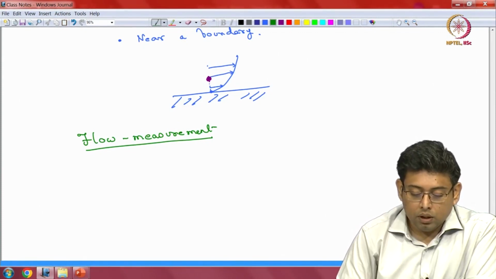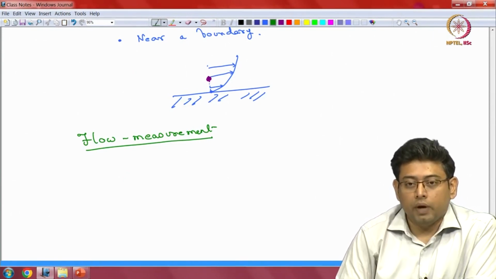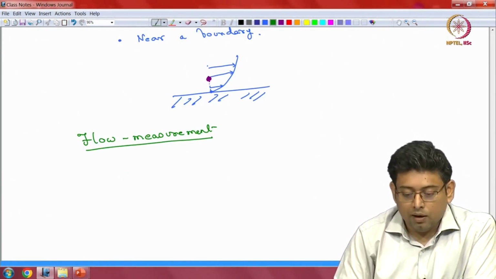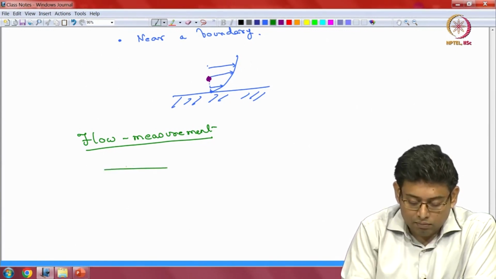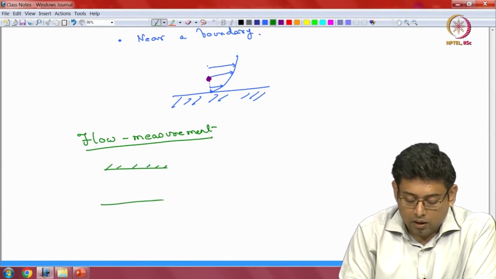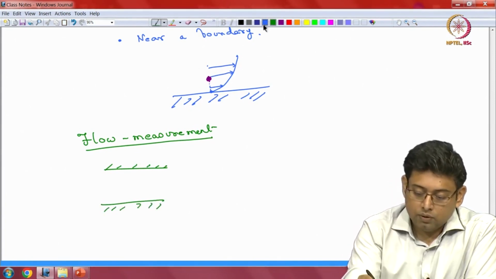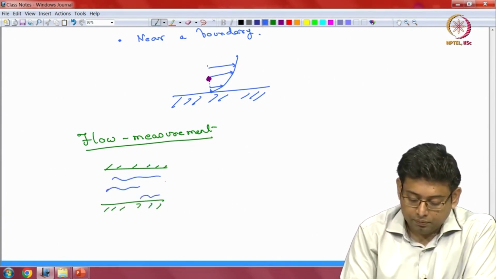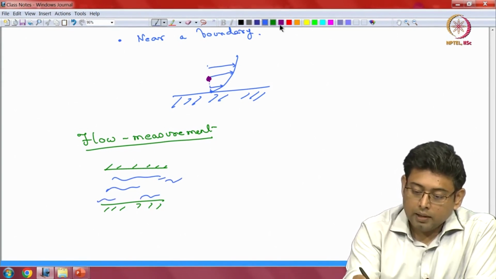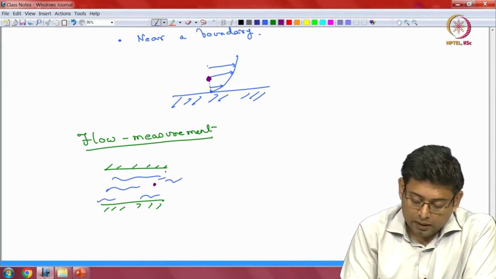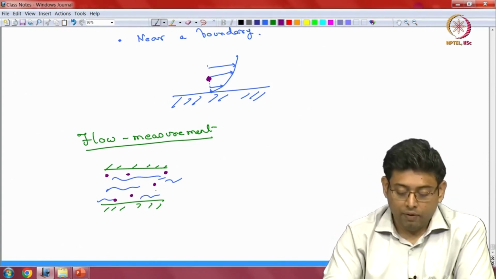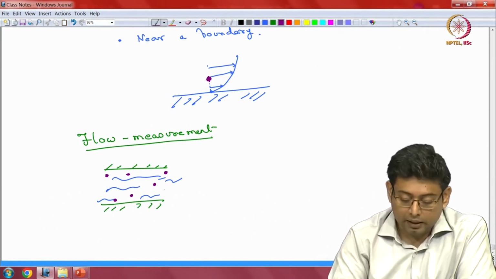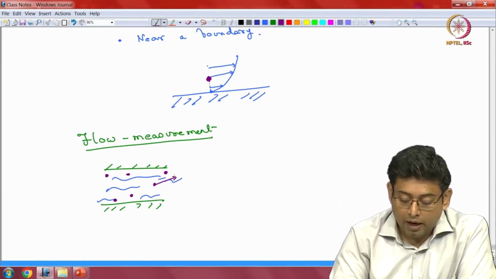Now one of the most obvious ways of measuring a flow is, let's say you have a condition like this where you have some fluid, and then you have these particles that are there. If the particles are sparse, and if you are able to identify each particle and how it is moving in the next frame, you might be able to find the local velocity.